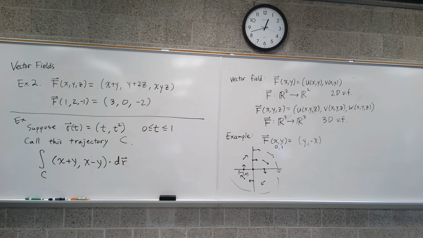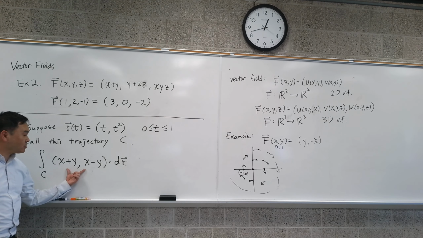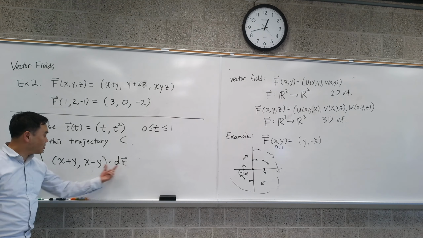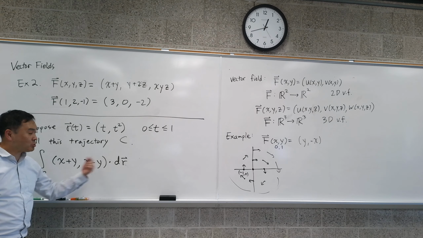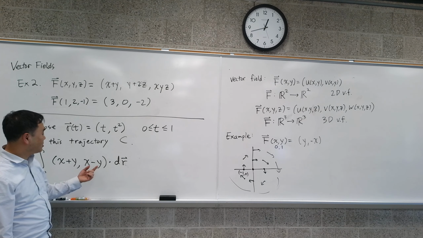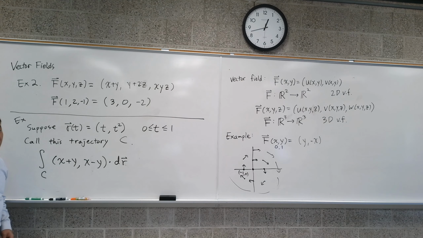How would you do this? That's the question. So you have a vector field. That's a vector, right? You can do the dot product. And you want to calculate the value of this.